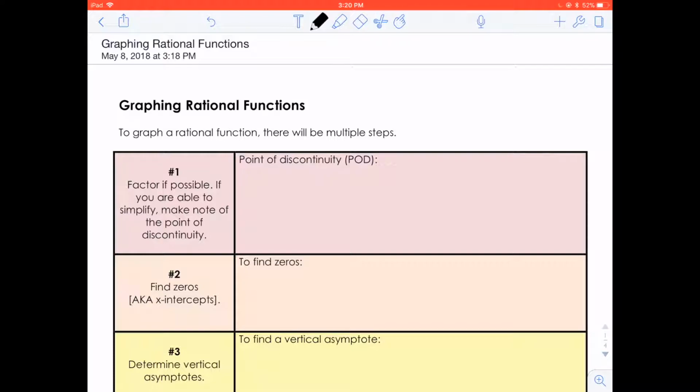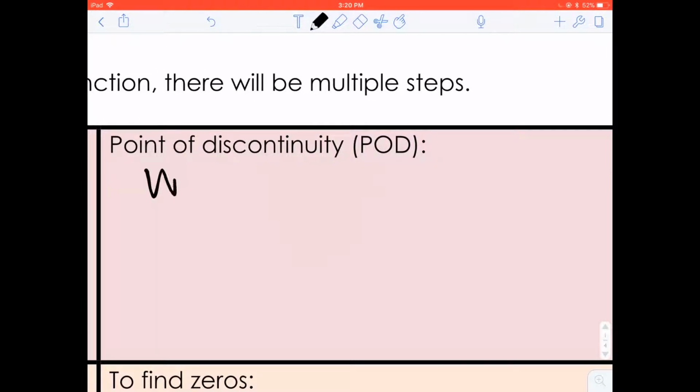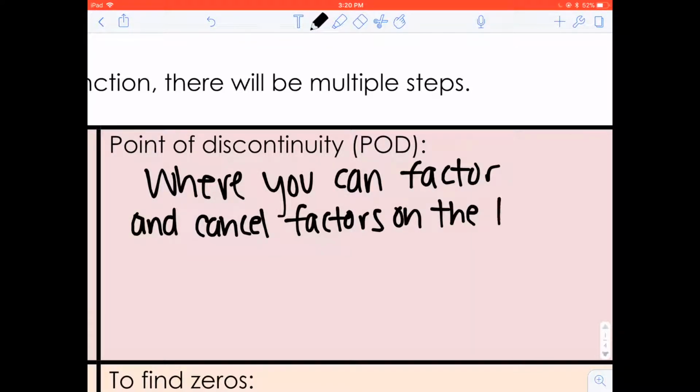So the first thing we're going to do is factor if possible. And if you're able to simplify, make note of the point of discontinuity. So basically, a point of discontinuity is where you can factor and cancel factors on the top and bottom.